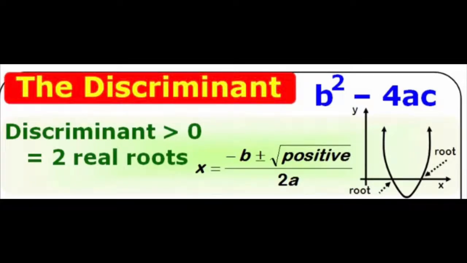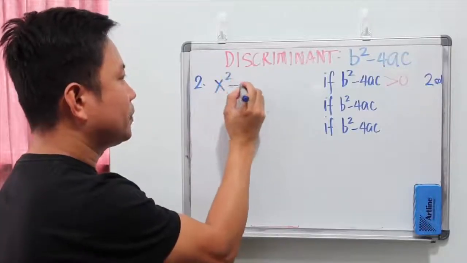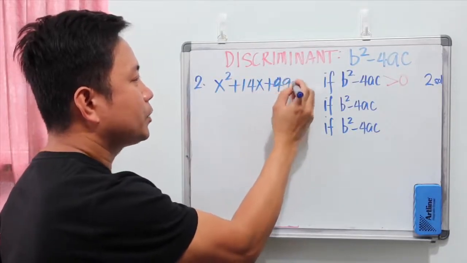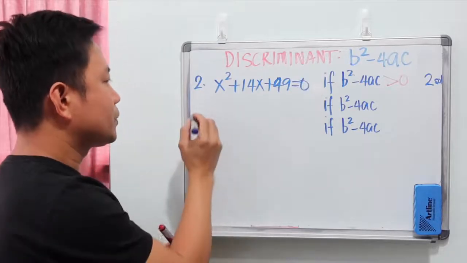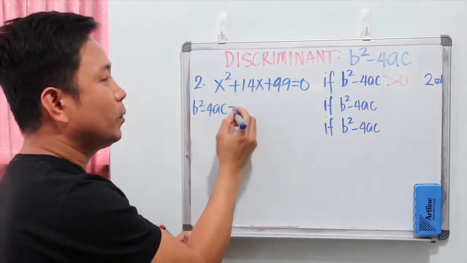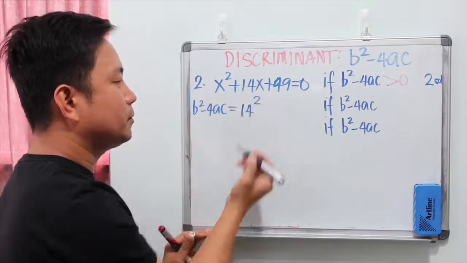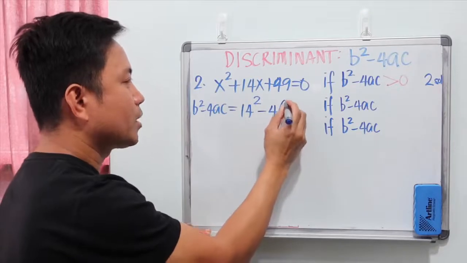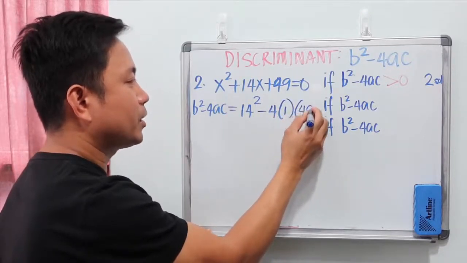Let's have example number 2. x squared plus 14x plus 49 is equal to 0. So solving for the discriminant b squared minus 4ac, we will have 14 squared minus 4 times our a value, which is 1, and our c value, which is 49.